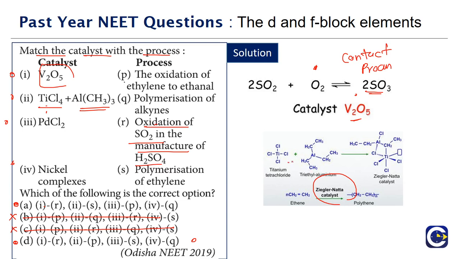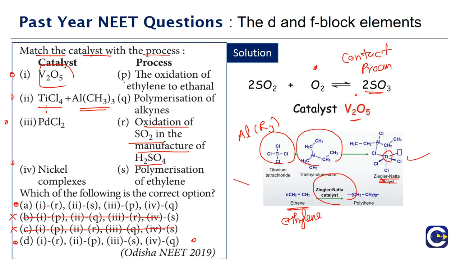If we have titanium tetrachloride and trialkyl aluminum, whether it is trimethyl aluminum or triethyl aluminum, generally AlR3, trialkyl aluminum, this will form the Ziegler-Natta catalyst, where we will have the titanium having some vacant valency. And here Ziegler-Natta catalyst is used in the polymerization of ethene. Ethene can also be called ethylene. It is used in the polymerization of ethene to form polythene.